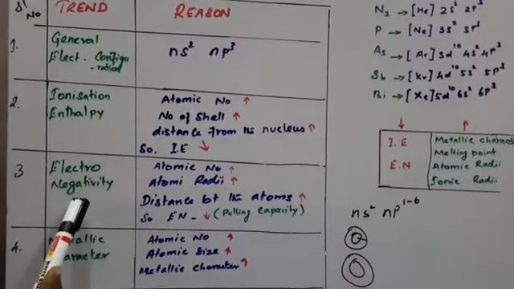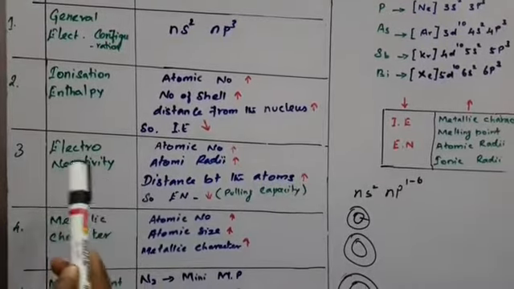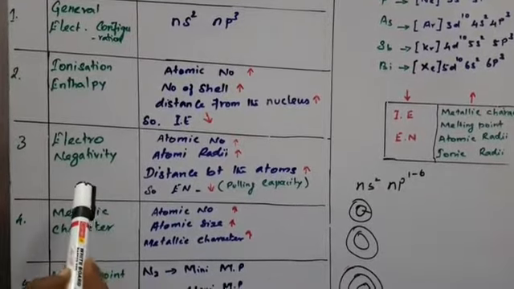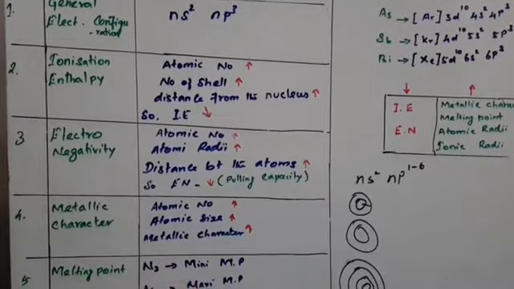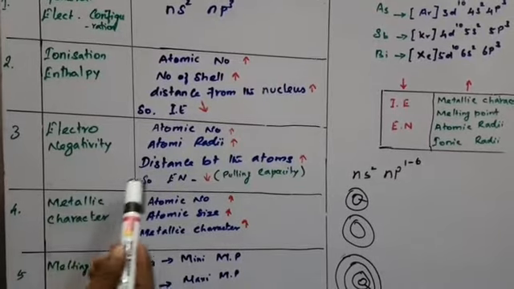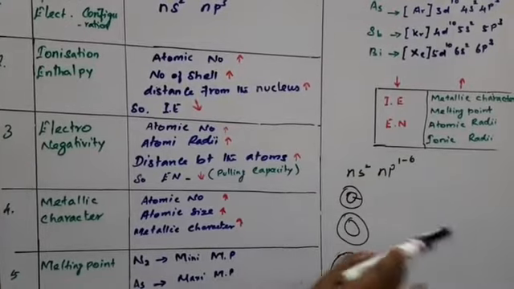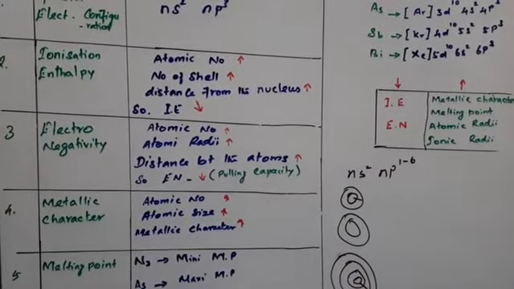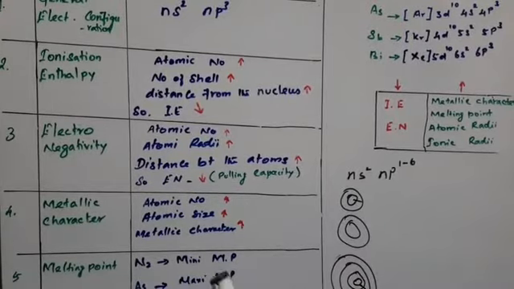Okay, right. Next is electronegativity. Electronegativity means the tendency to attract the shared pair of electrons towards itself, or the pulling capacity. Electronegativity also decreases down the group and increases along the period, so fluorine is a highly electronegative element.